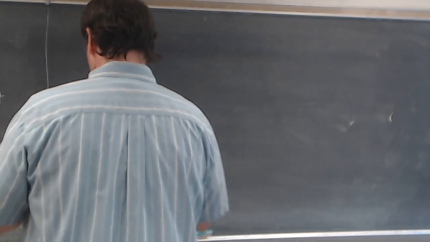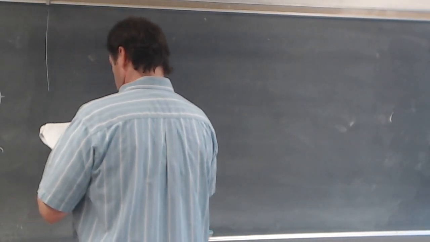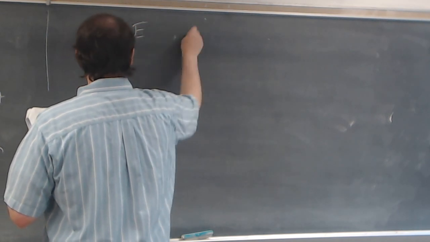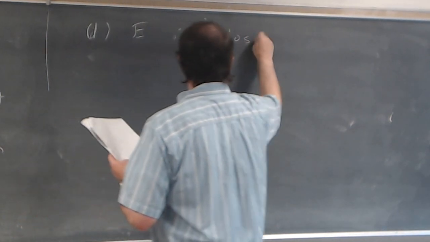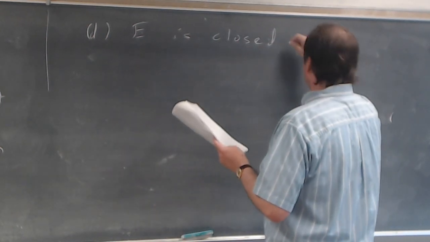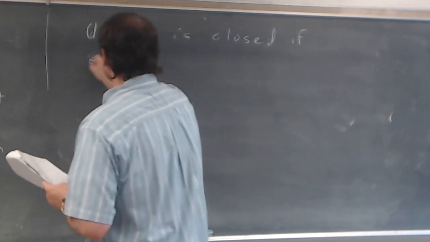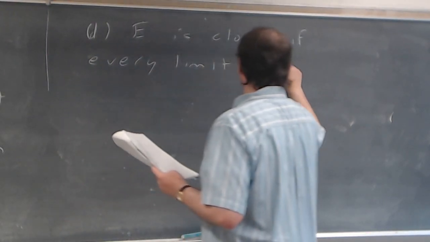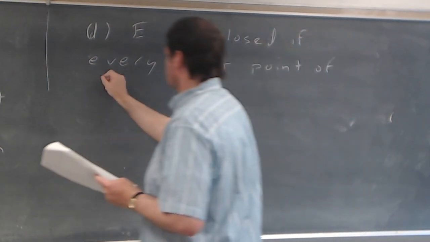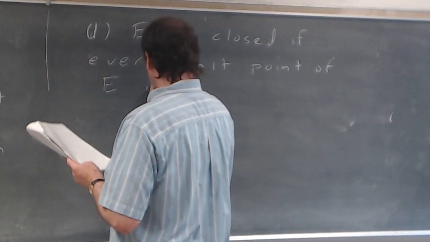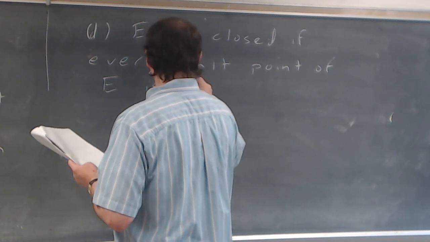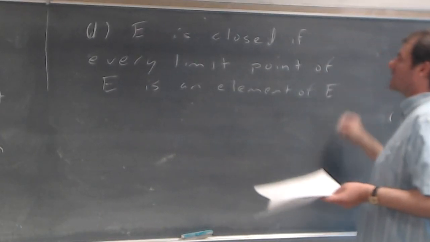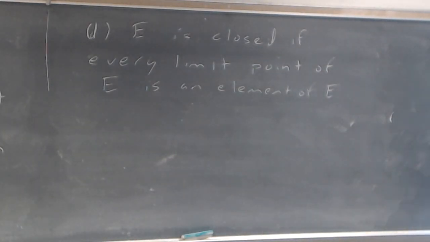Okay. Another definition is that E is closed, so a subset of X is closed, if every limit point of E is a point, or an element, of E. So to be closed, you have to contain all your limit points.